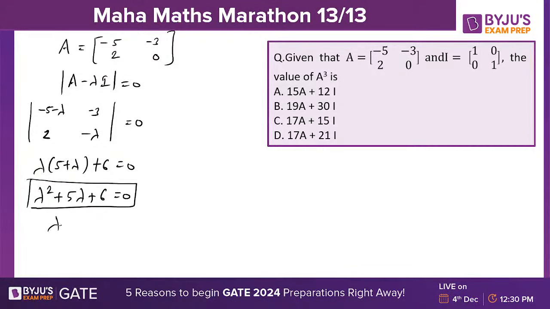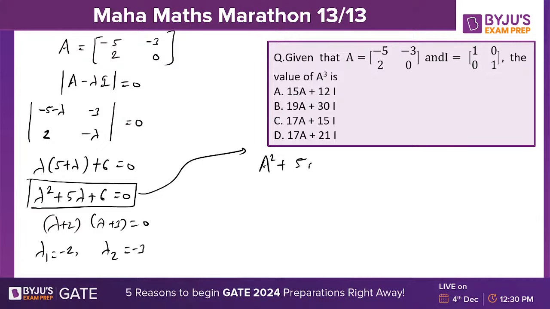So lambda plus 2, lambda plus 3, correct? Yes, sir. Eigenvalues are minus 2 and minus 3. Not needed. Eigenvalues are not needed. By the Cayley-Hamilton theorem, you need to replace this lambda by A. So A square plus 5A plus 6I equals 0.